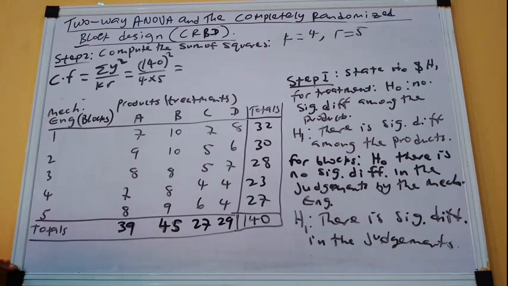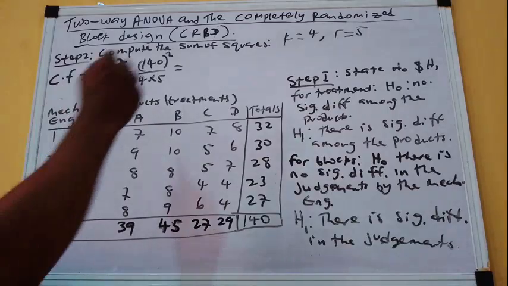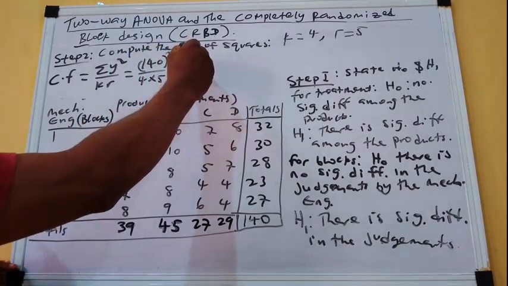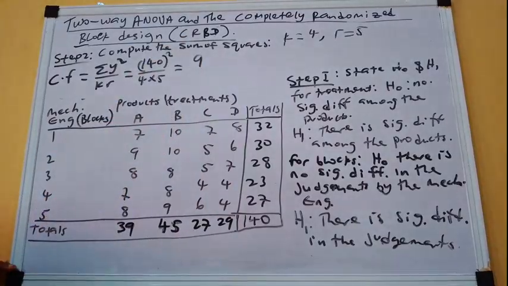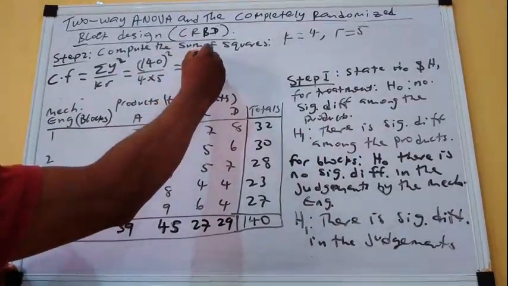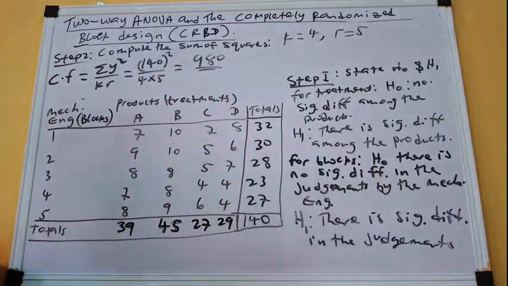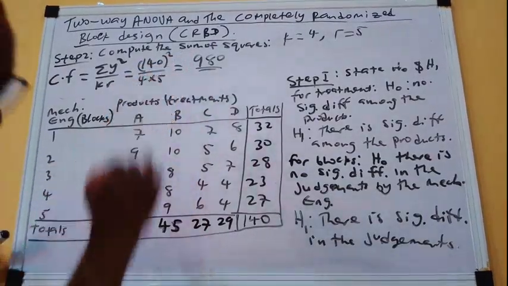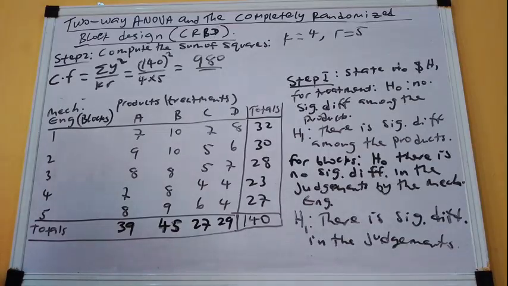You are going to have 980. So our correction factor is 980. Of course you square 140 and divide it by 20, because 4 times 5 is 20.